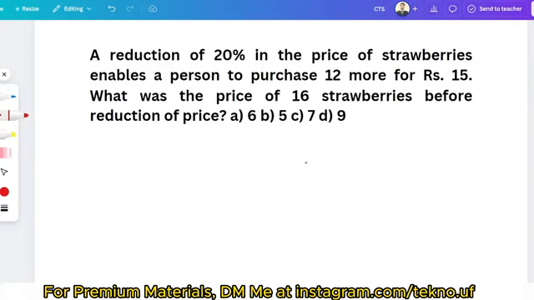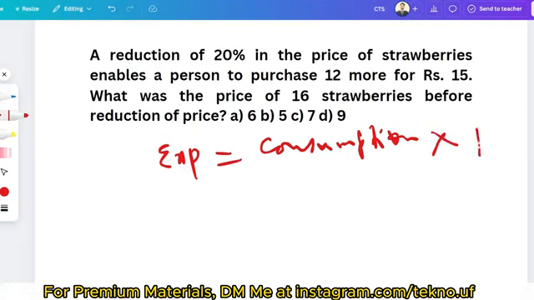So we don't know the price of the strawberries, right? And also we have to know that expenditure is equal to consumption into the price. Okay, so we don't know the price. So there are two scenarios: before reduction of price and after reduction of price, right?